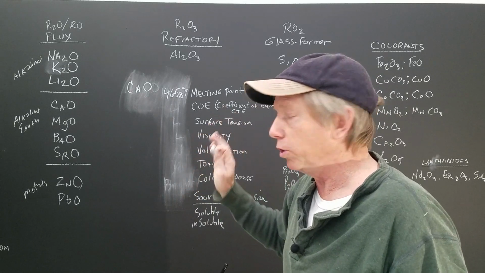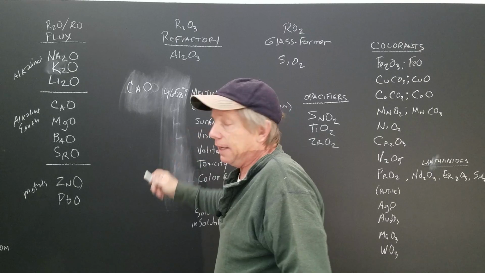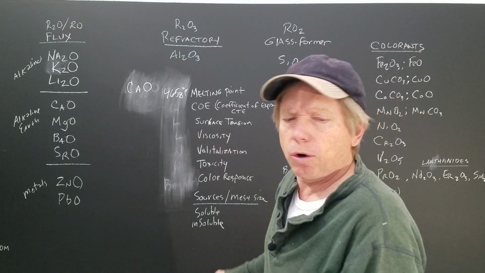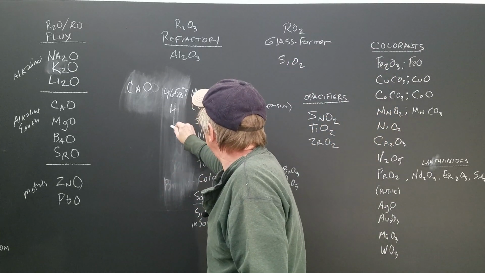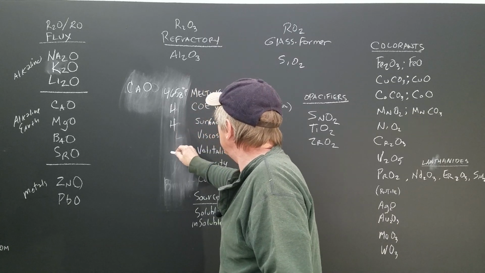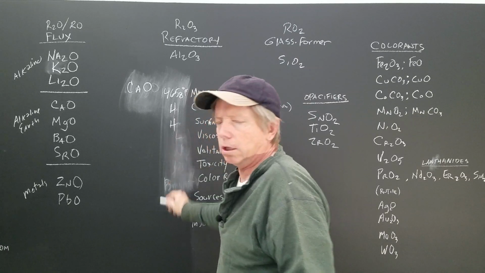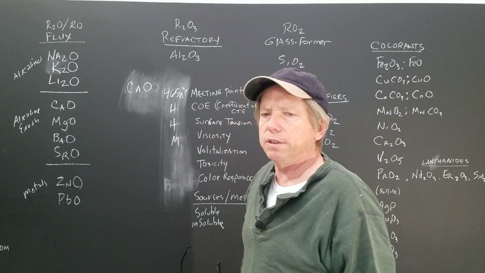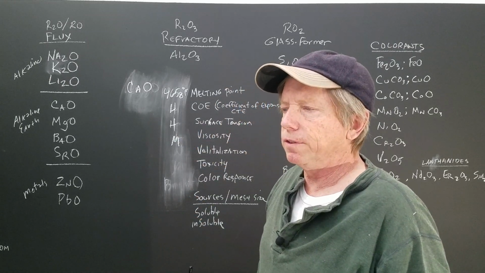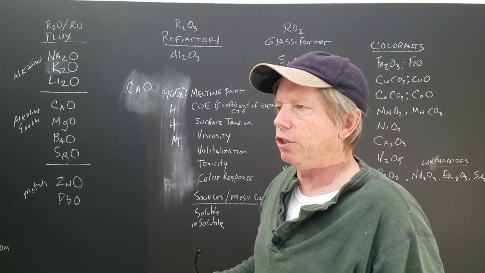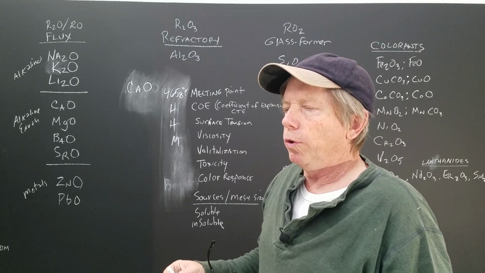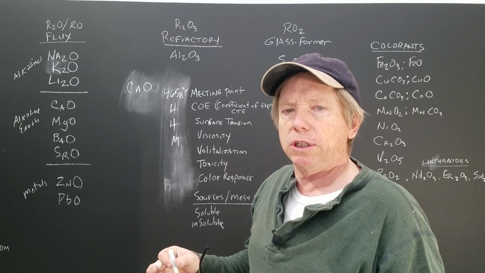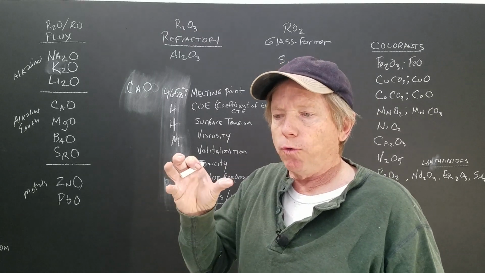So that's super good. It has a high coefficient of expansion, high surface tension, medium viscosity. Now, the application of that high surface tension is when you have high calcium glazes, you can get ash glazes, which form rivulets.